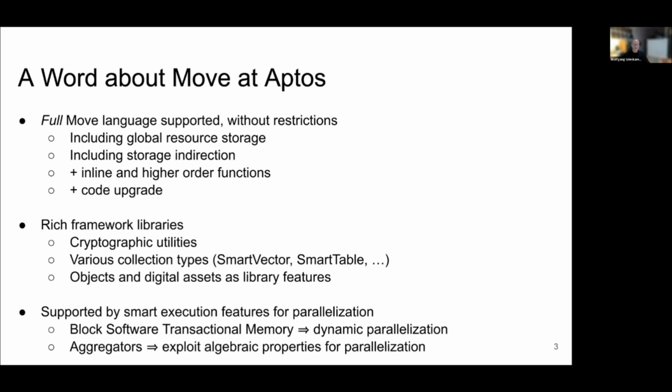One important difference of Move at Aptos is that we support basically the full language as it was originally designed, without restrictions, which means in particular including access to global resource storage. So from a Move smart contract, you can read and write to global storage at arbitrary addresses, provided the APIs allow you to do that.